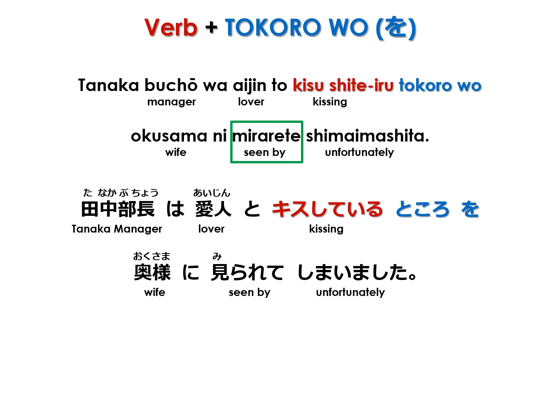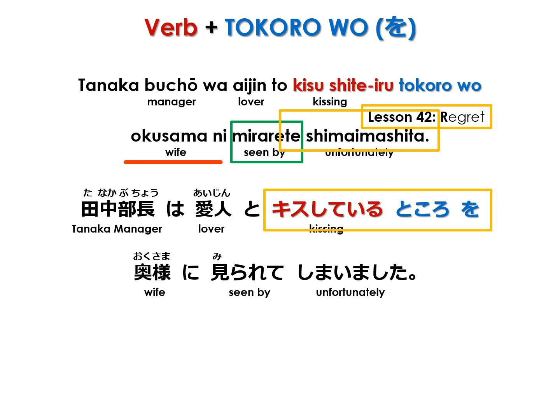It means seen by. Seen by whom? Okusama ni, or wife. Now, te shimaimashita is a conjugation expressing regret, and you can review this conjugation in lesson 42. Now, what did the wife see? Her husband kissing his lover.